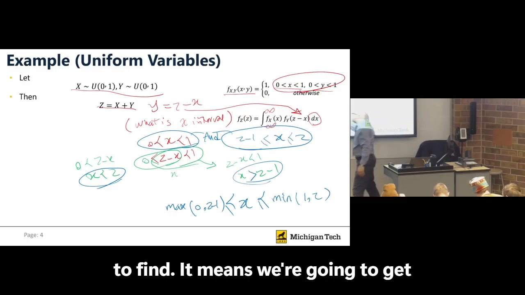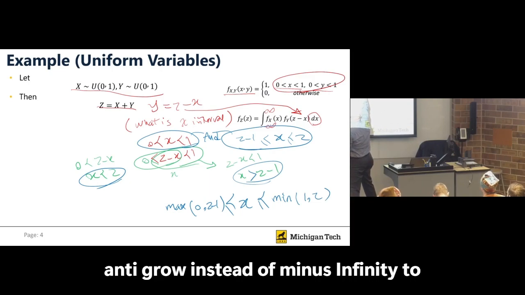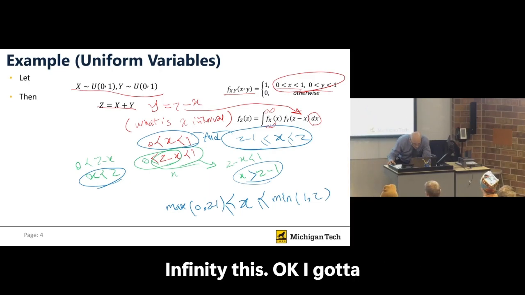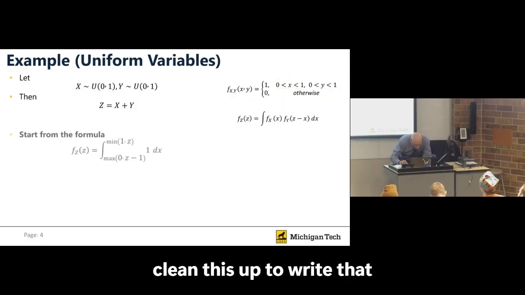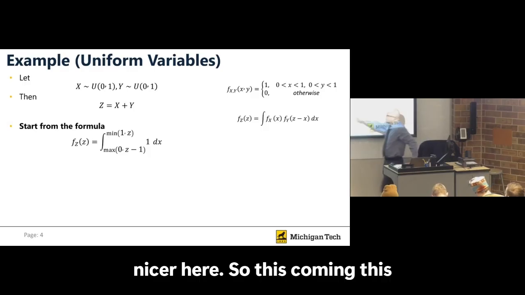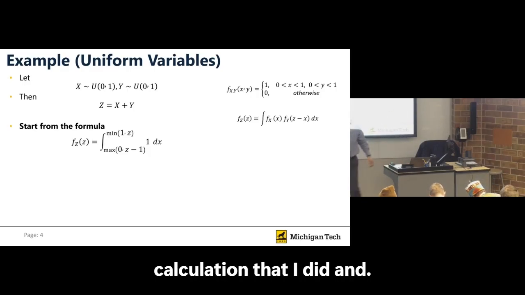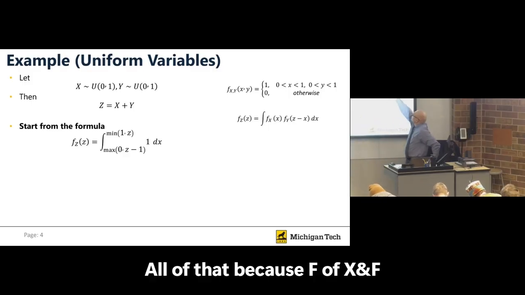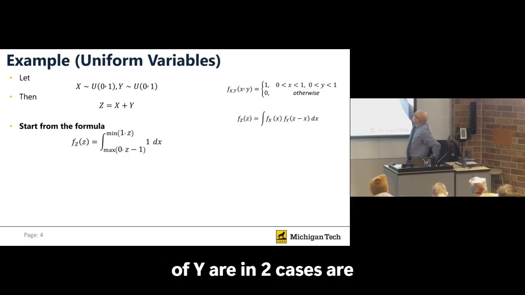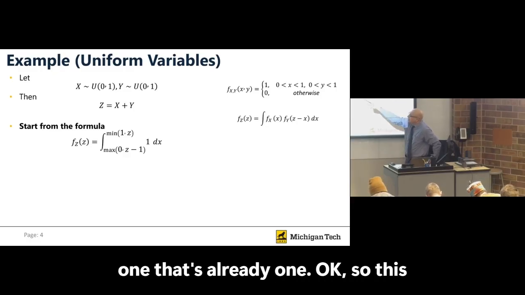So this is the main thing that we want to find. It means we're going to get the integral over this interval instead of minus infinity to infinity. I'm going to clean this up to write that nicer here. This min and max come from the calculation that I did. And since f of x and f of y are both 1 in these cases, the integrand is already 1.